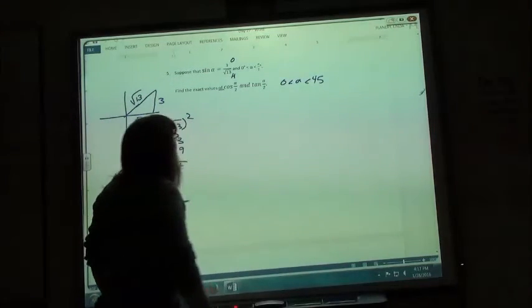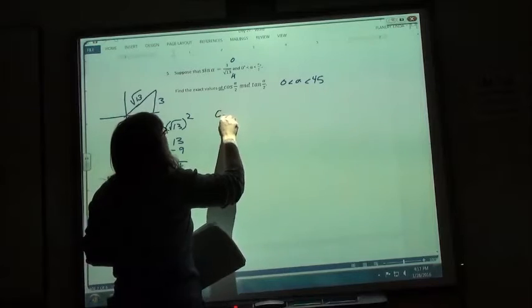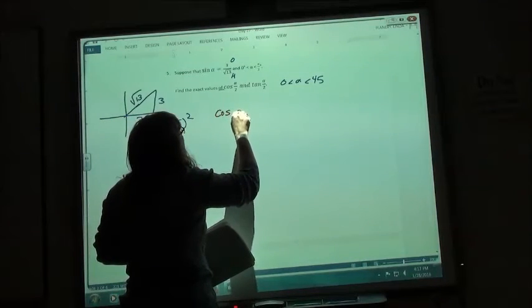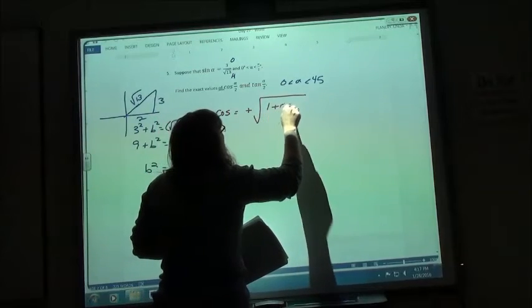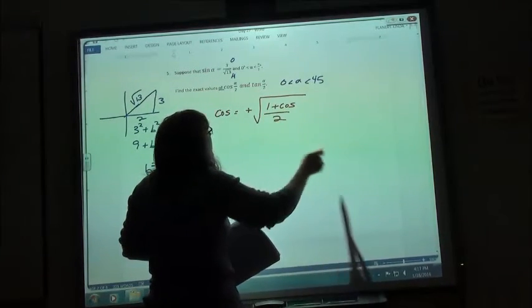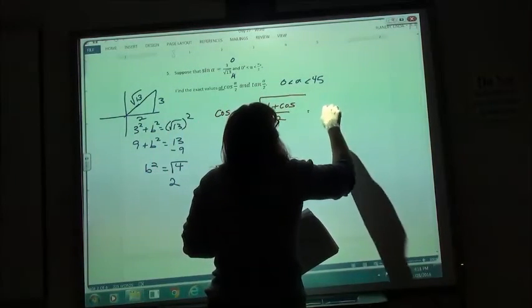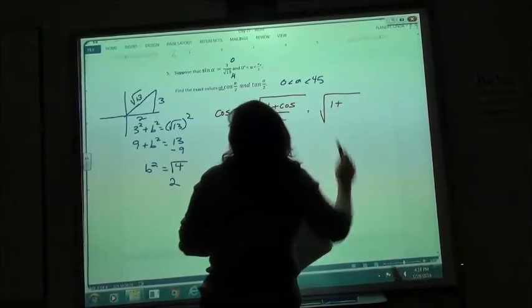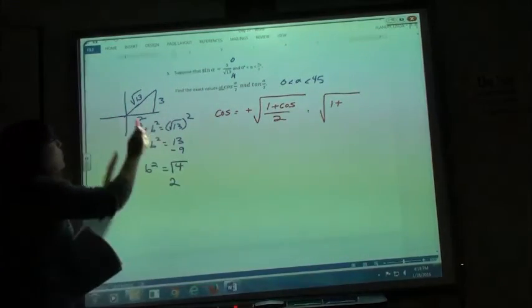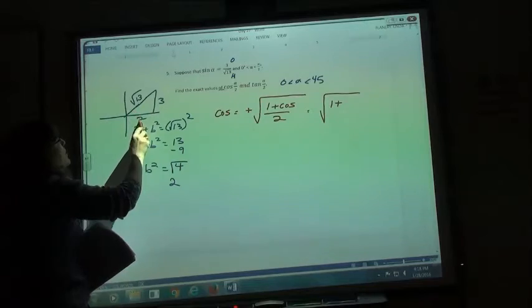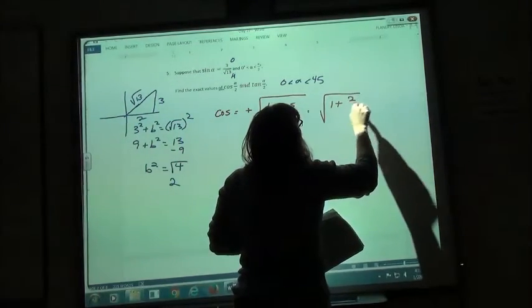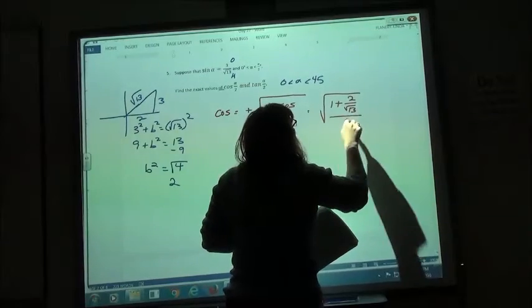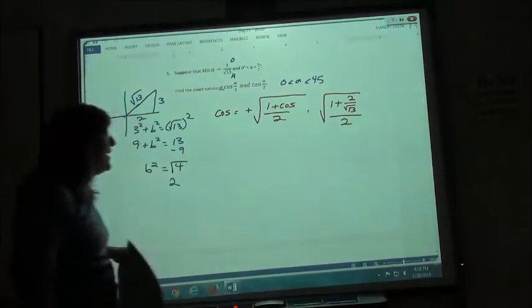So again, I'm just going to go back to my formula. For my cosine, I'm going to do positive square root of 1 plus the cosine over 2. And so I'm going to have square root of 1 plus my cosine, which is my adjacent over my hypotenuse, so 2 over the square root of 13, over 2. Lovely.